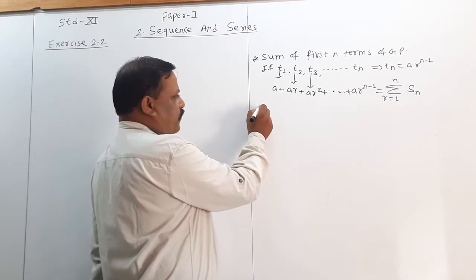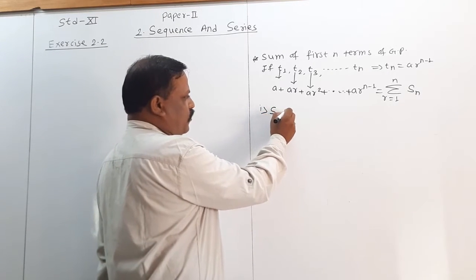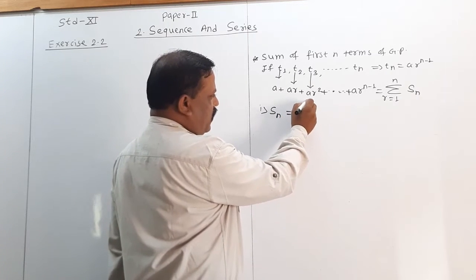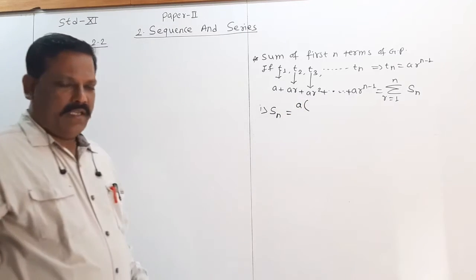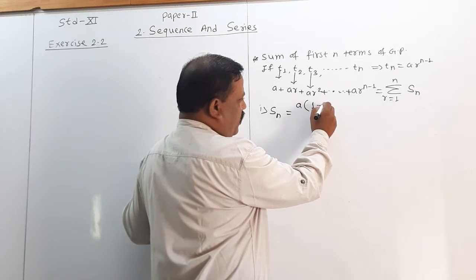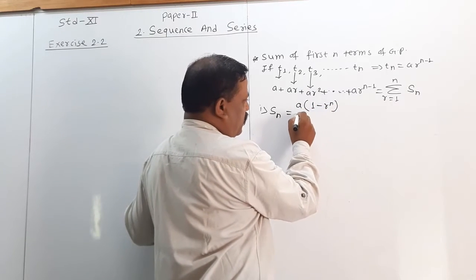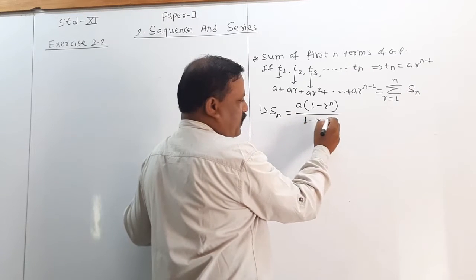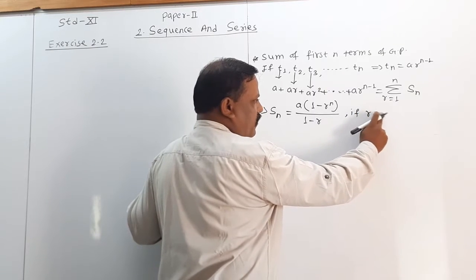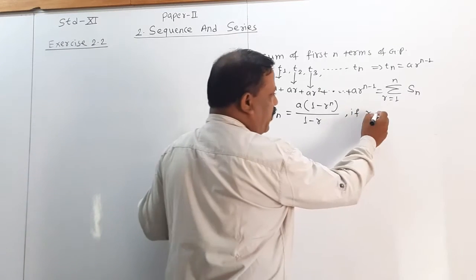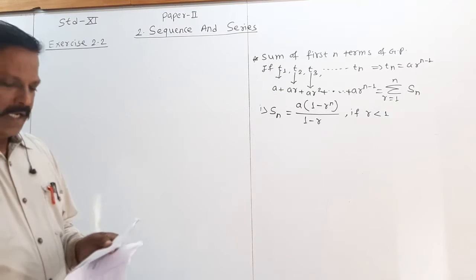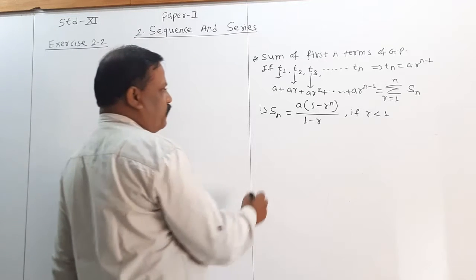The first formula for the sum of a geometric progression is Sn equal to A, the first term, into the bracket 1 minus R raised to n, divided by 1 minus R, and the condition is if R is less than 1.